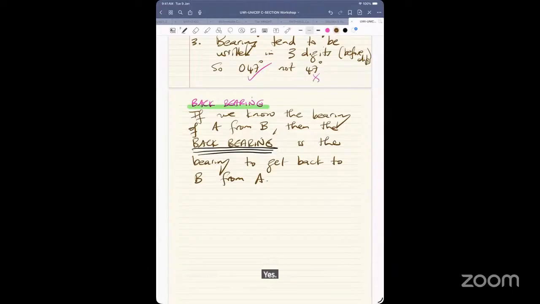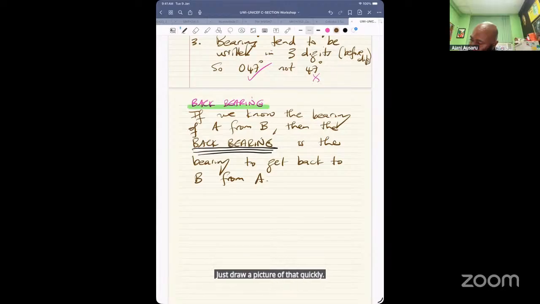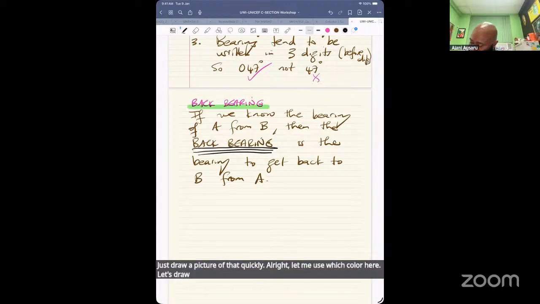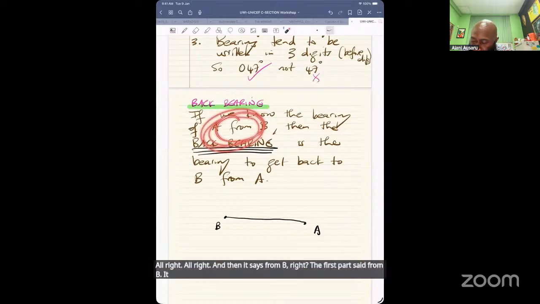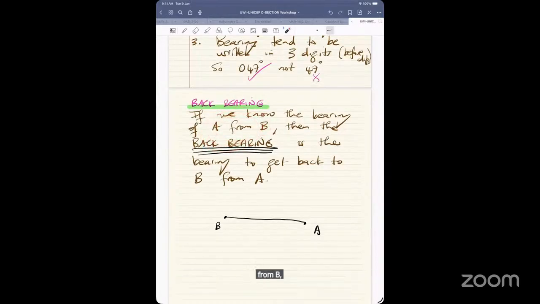Let's draw a picture of that quickly. I have B here and A here, and I connect the line A to B. The first part said from B. What does that mean?